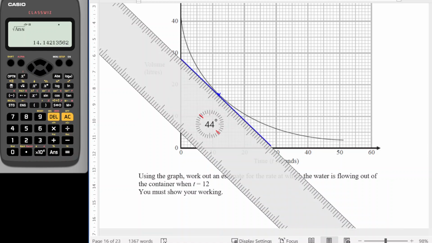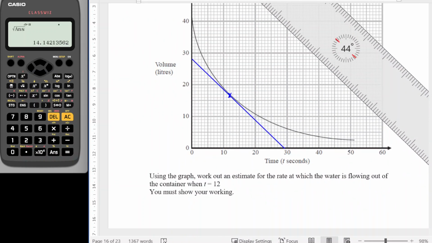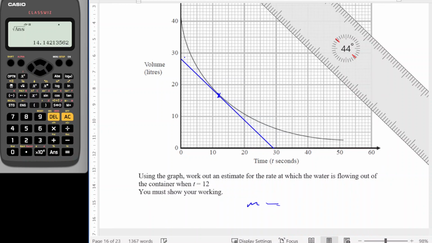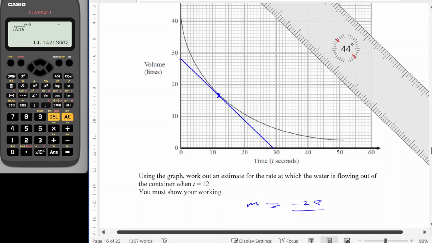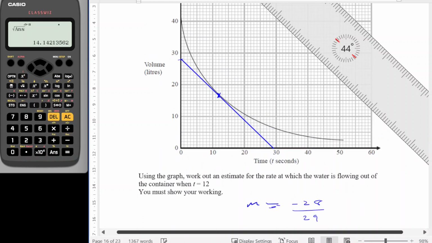So I want to work out the gradient of that line. I'm going to take as big a triangle as I can. So the gradient of that line is going to be equal to minus 28 over, that looks like 29. So the gradient of that curve is going to be equal to 28 divided by 29.